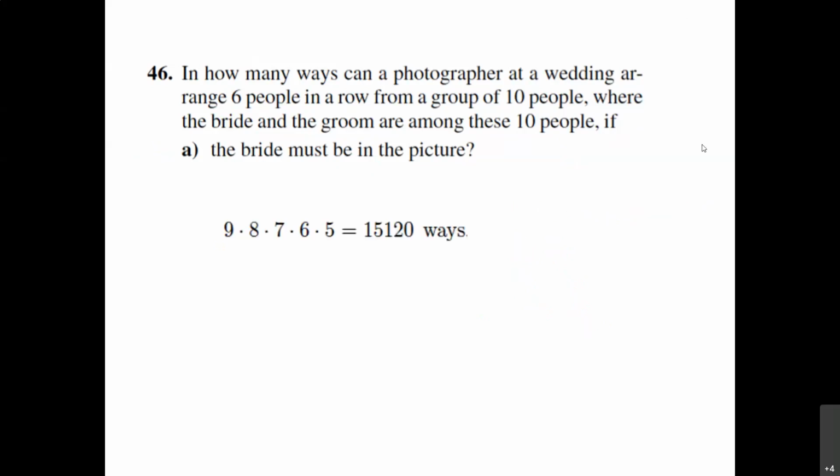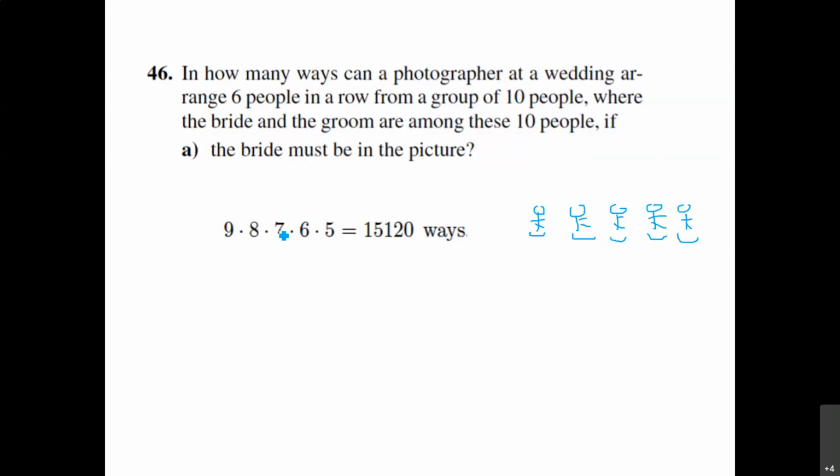So first of all, let's see how we can arrange those 5 people.